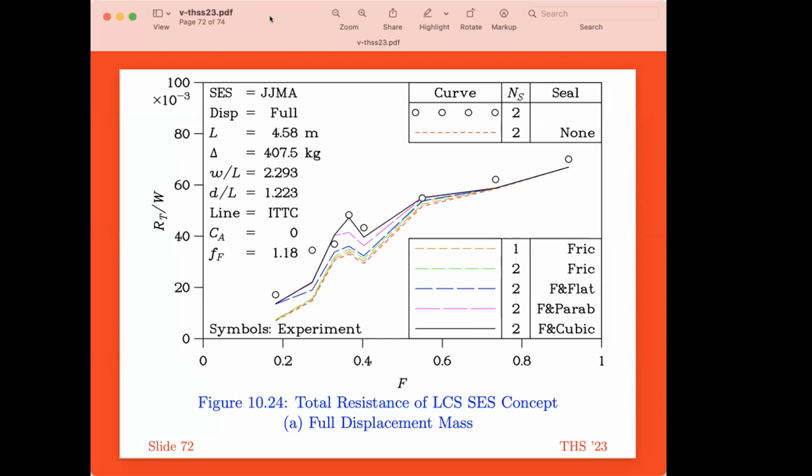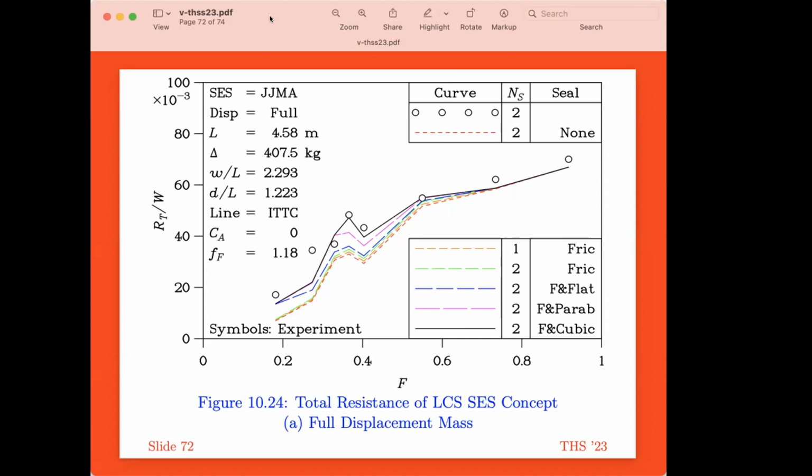If we are far off, we know that the trim is wrong, and we can optimize the trim, and then we can come down to your resistance curves. So that's a very good tool when doing model testing, because trim seems to be a very important factor in the total resistance of the vessel.